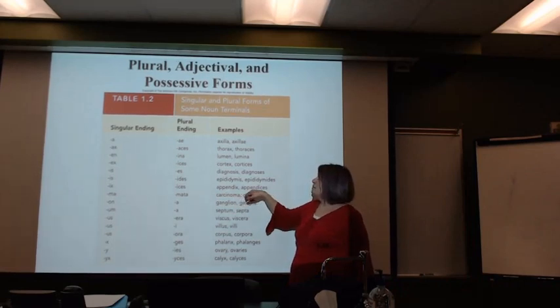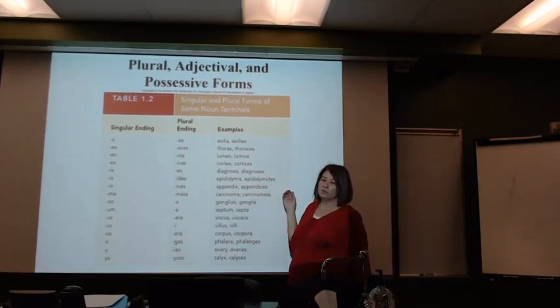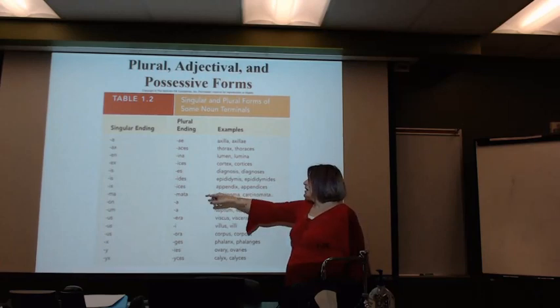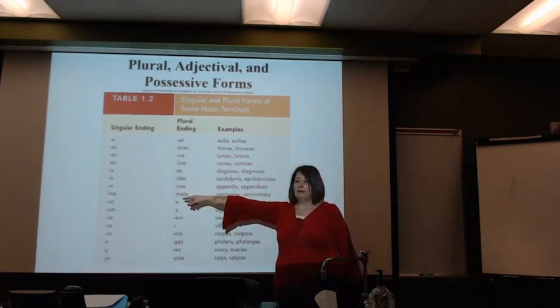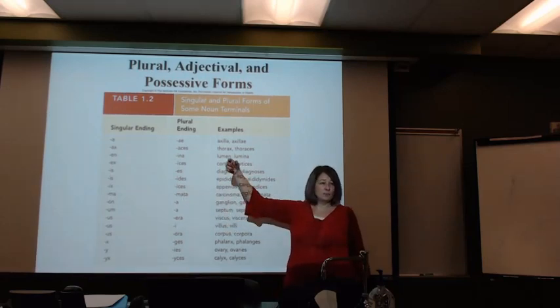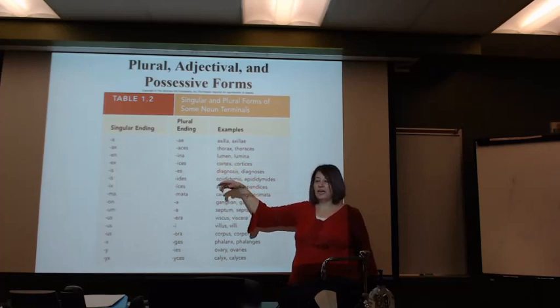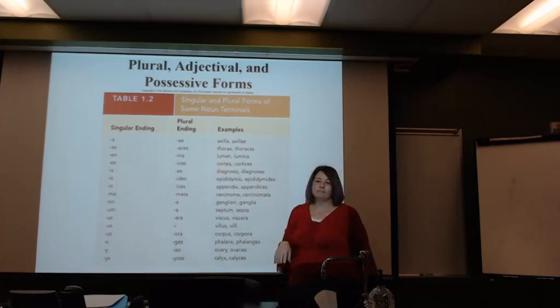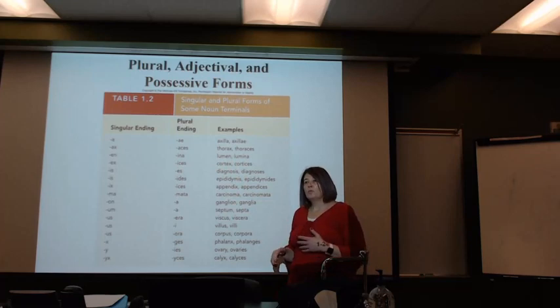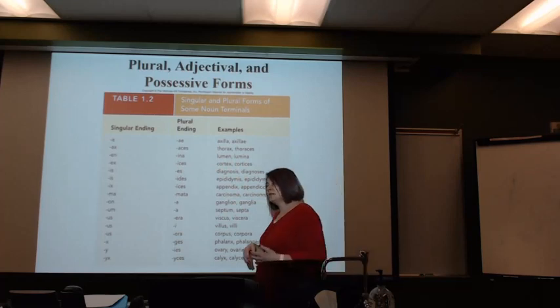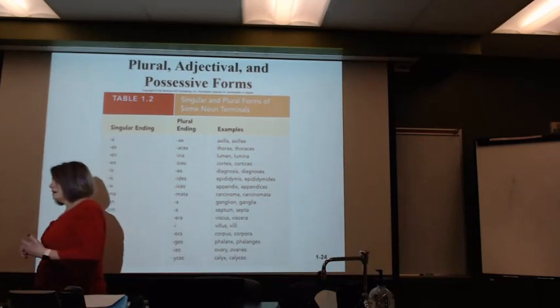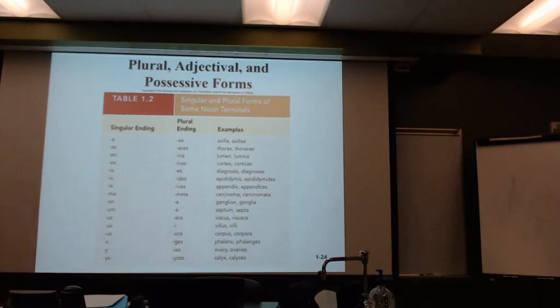If we need to make it more than one, okay, we took the X away, did the C, you guys remember that from English? Okay, and then ES. So in terminology for anatomy and physiology, some of the terms are going to seem weird, all right?